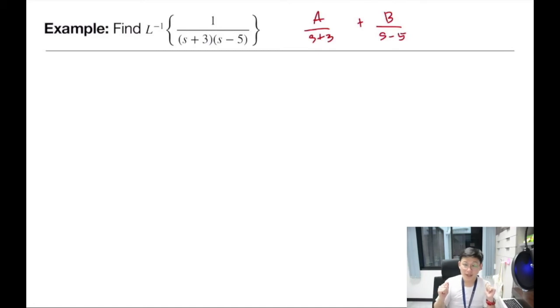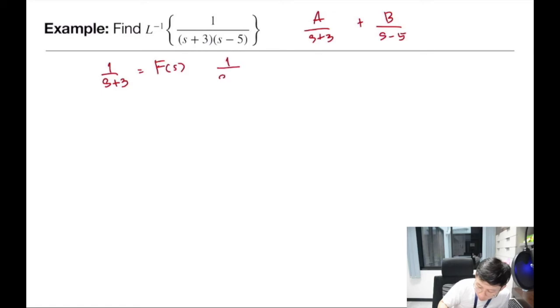Or you can use the convolution property, right? Here you look at 1 over s plus 3 as the big F, and 1 over s minus 5 as the big G. So this is actually F times G, right?